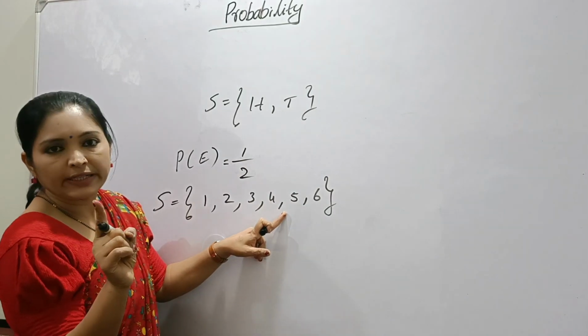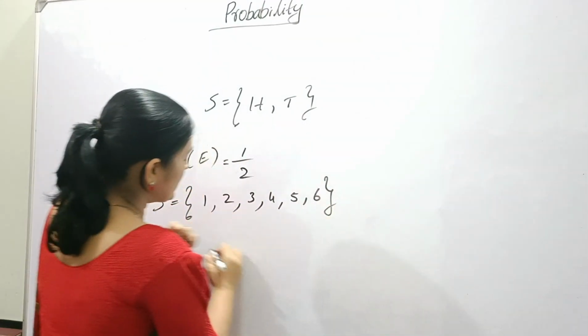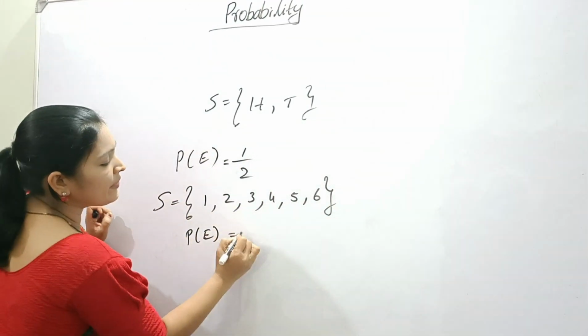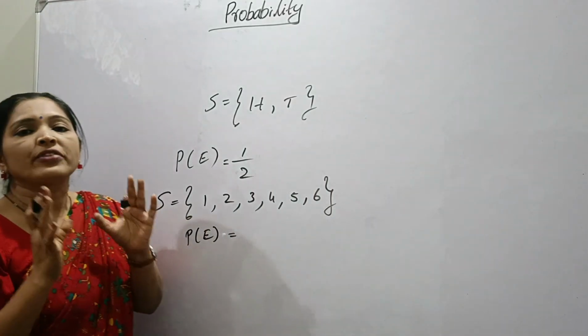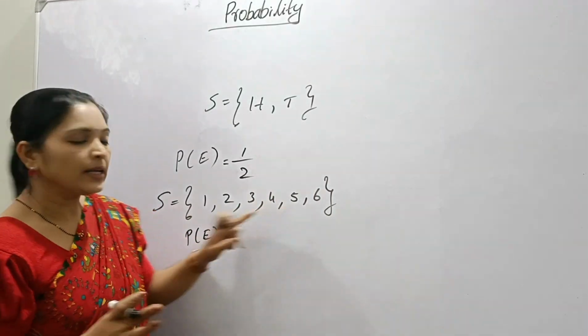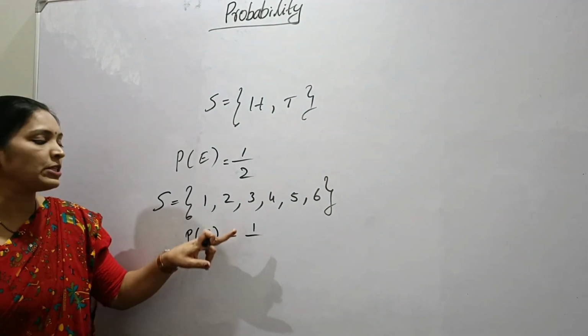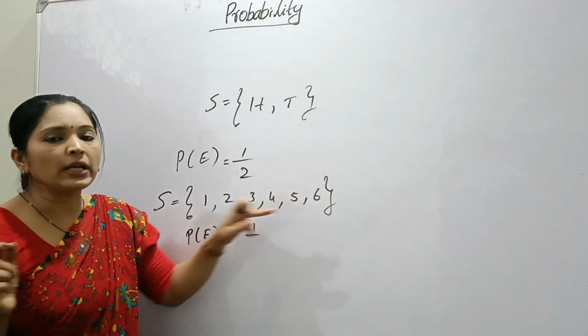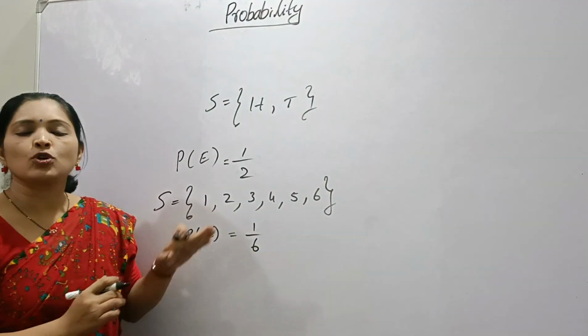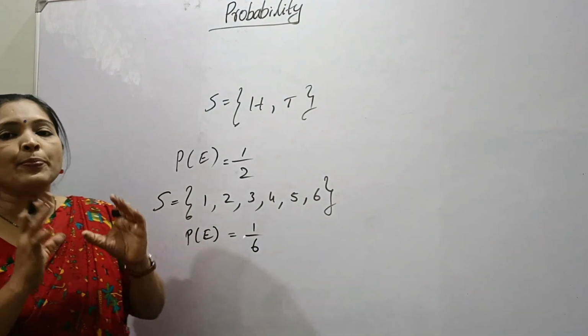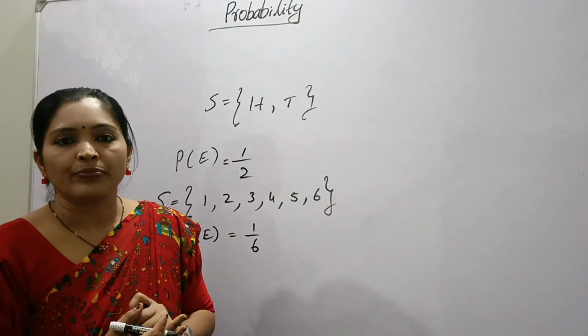Only 5 we will get, right? So 1 divided by the number of total outcomes, 6. That is the probability of this event, the event of getting 5. So 1 by 6.